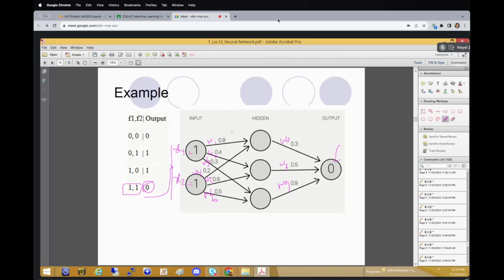So in our first iteration, if we pass these values, what will be the predicted value in forward propagation? At first, we need to find the hidden layer values H1, H2, and H3.